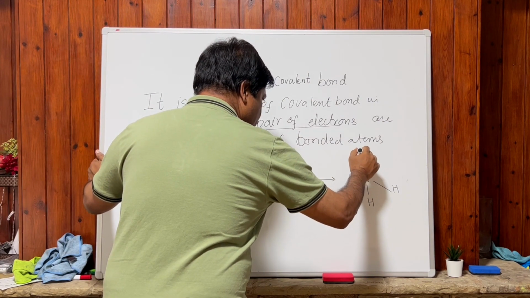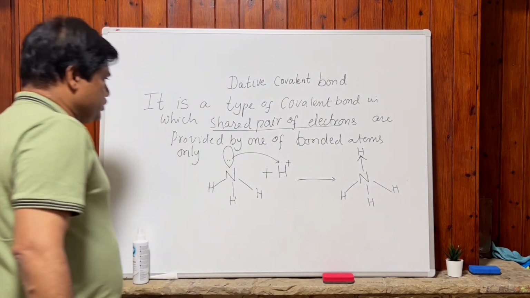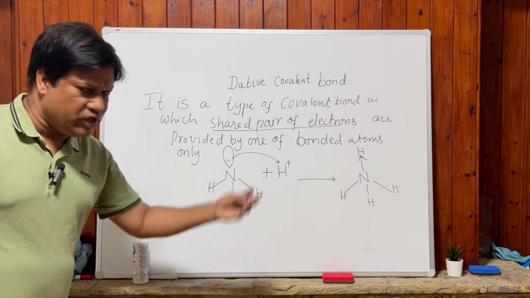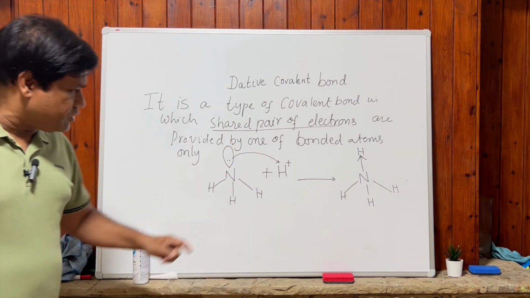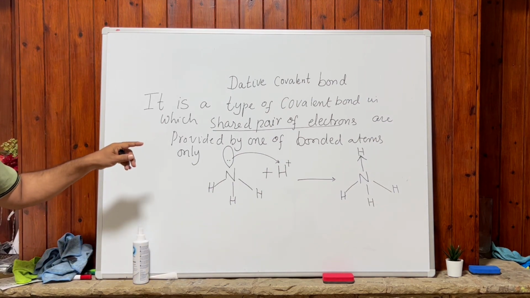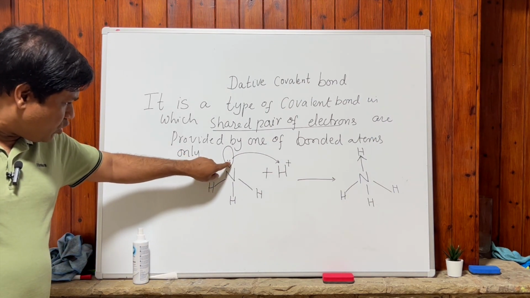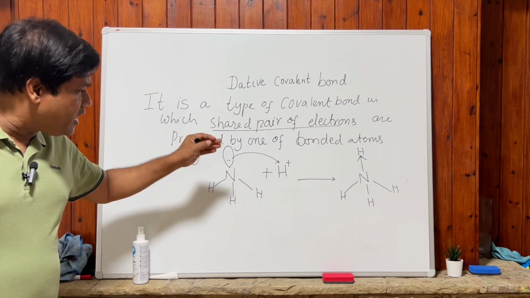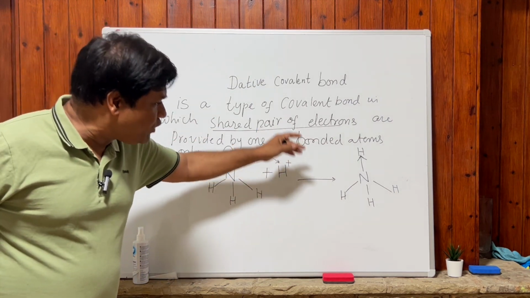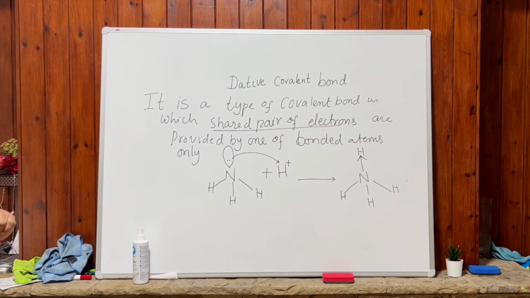That electron is donated by nitrogen. So it is a one-side donation. In some books, it is written as back donation. So these 2 electrons come from nitrogen. It's a sharing, but sharing by only one of the bonded atoms.